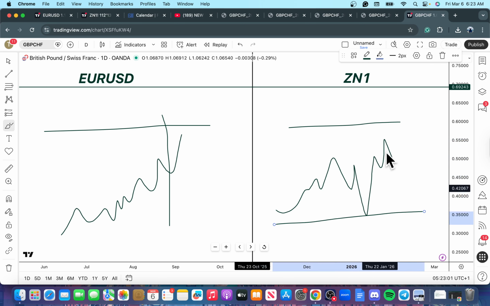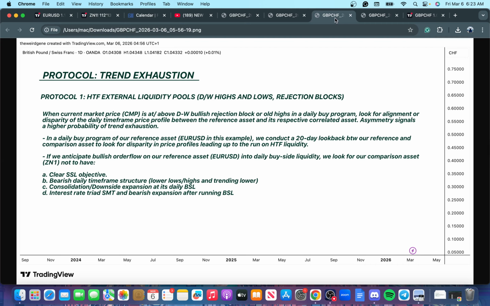If we have a clear sell side liquidity objective on 10-year T-note, then that creates the possibility of a bearish expansion, in which case, if we start to see bearishness in T-note, that's not really going to allow Euro Dollar to continue to trend higher. So that creates a situation where we see exhaustion of institutional flows, because we're not seeing bullish sponsorship on T-note, which should be a correlated asset class. So that is number one protocol.